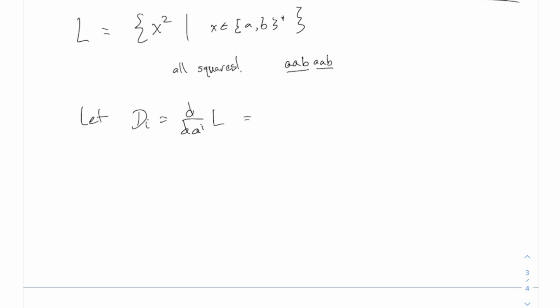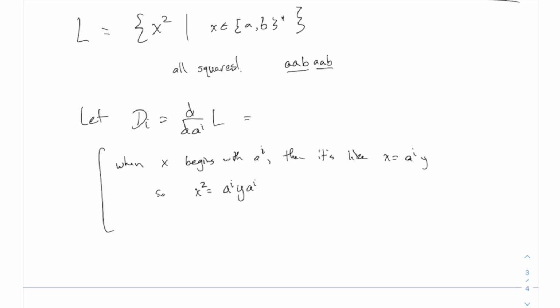I would suggest, as a way of thinking this through, and I'll make this sort of parenthetical, when x squared actually begins with A to the I, well, I'm going to write it this way. When x begins with A to the I, then x would be something like A to the I times y, or something else. And so x squared would look like A to the I y, A to the I y, right?